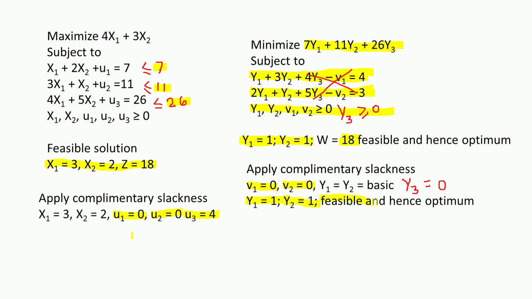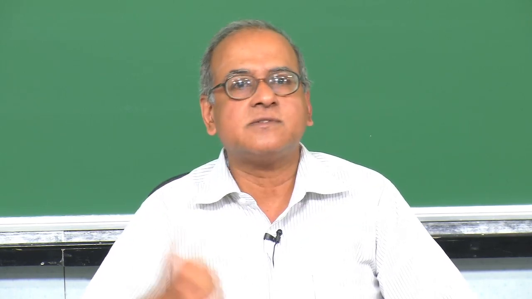hence optimum. So now I am not applying the optimality criterion theorem, I have not evaluated the objective function of the dual. Now I say that I have a feasible solution to the primal, I apply complementary slackness and solve what I call a corresponding dual solution, and if the corresponding dual solution is feasible, then it is optimum.